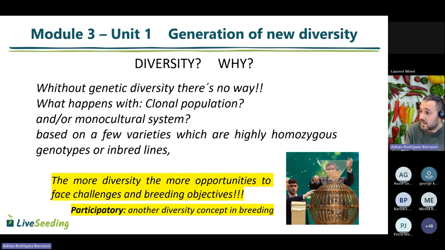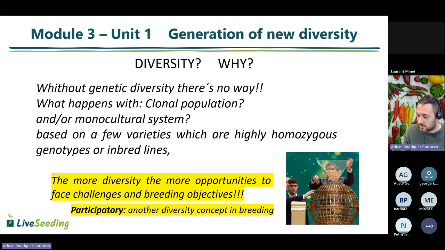Okay. For instance, I have some questions for you. What happens if I'm just working with a clone population? I'm working with just one clone of potato or one clone of a citrus tree variety, a clonal variety, or an apple tree variety, which is clonal.